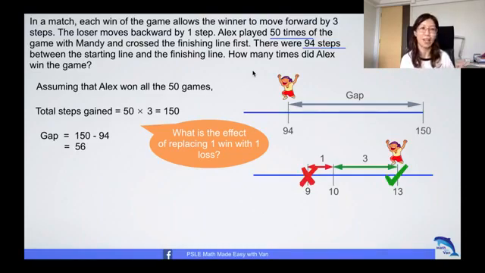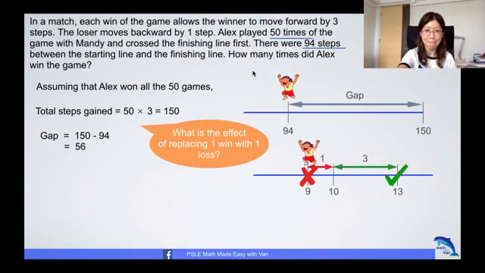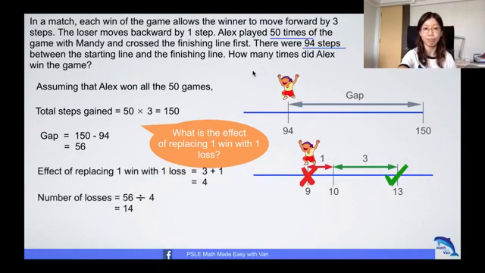We have worked it out, 56. And we know that every time I do that, it drops by 4. So how many times do I have to do that? I have to do it 14 times. So it's as good as saying that there are 14 losses in this game for Alex.